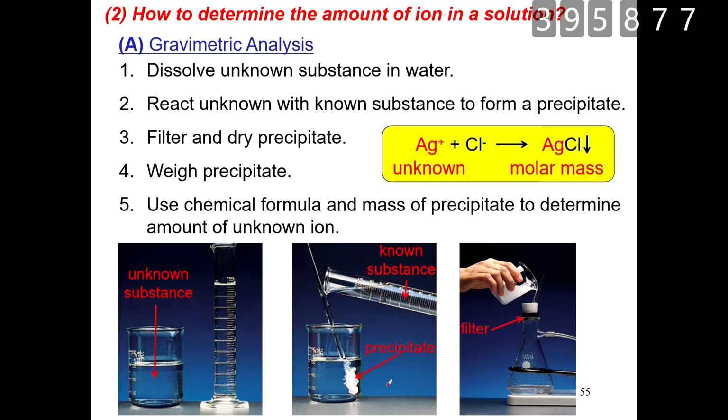So just now we introduced how to determine the amount of iron in the solution. The first way is called gravimetric analysis. Using a known solution, we add it to the unknown solution to get a solid product.